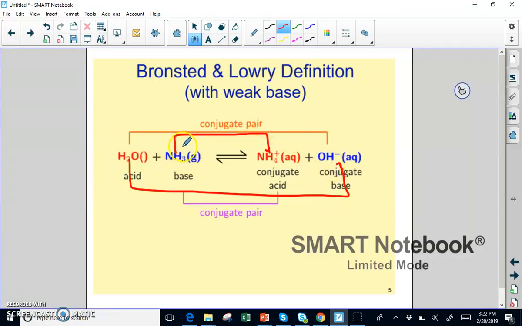A base, when it reacts, produces a conjugate acid, and an acid, when it reacts, produces a conjugate base. So the goal of the first part of this lesson is to be able to identify the acid, the base, the acid's conjugate base, and the base's conjugate acid.